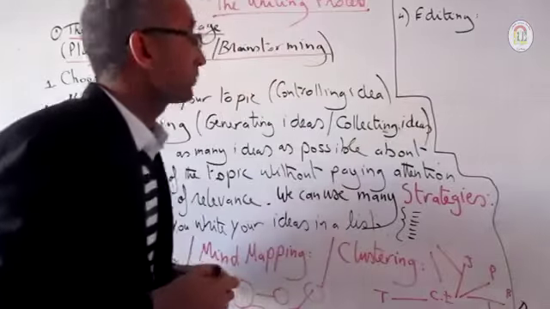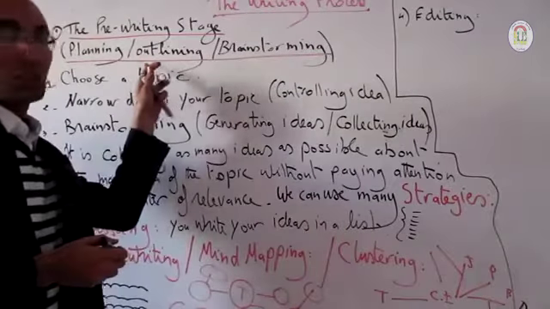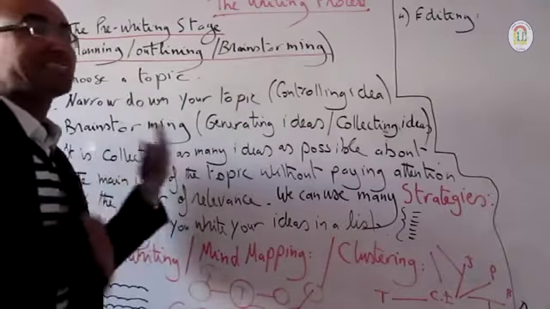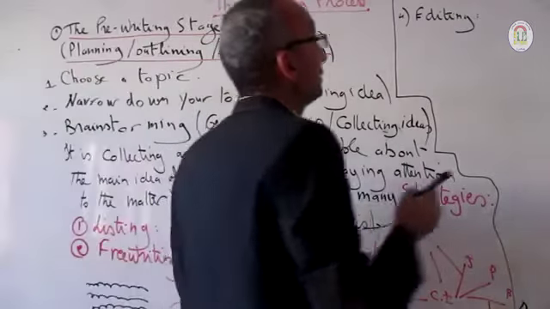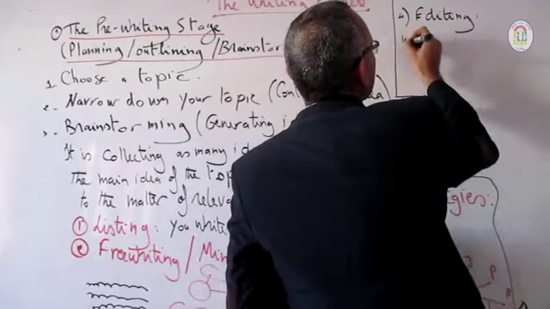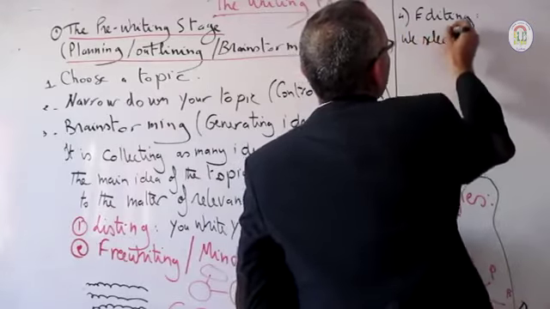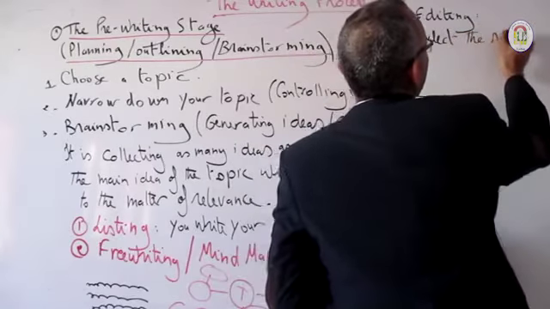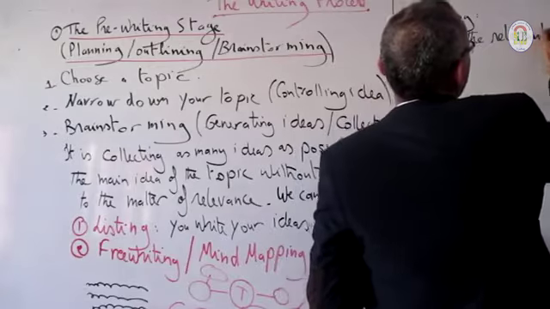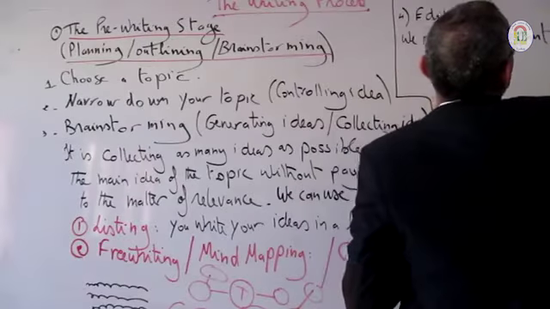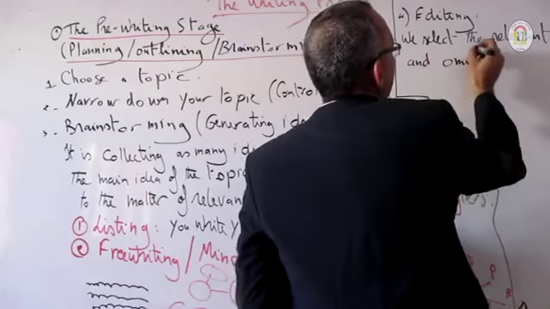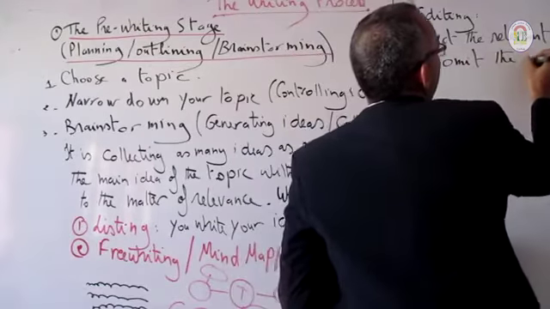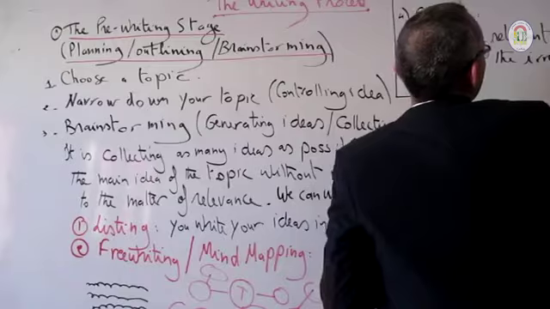Here, in the pre-writing stage, when we say editing, we mean we are working at the level of ideas only. Ideas only. It means we select the relevant ideas and omit the irrelevant ones.